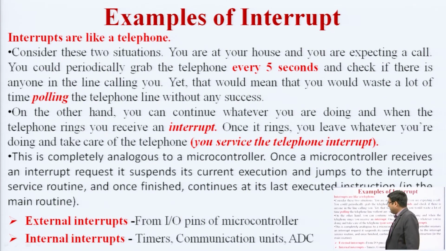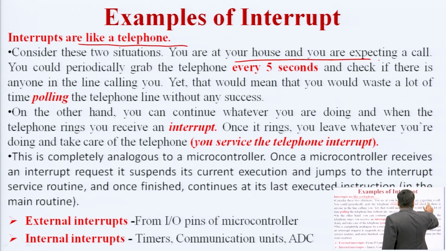Let us consider another example for a clear understanding of interrupts. Interrupts are like a telephone, and there are two situations. In the first situation, if in our house we are expecting a call, we periodically check the status of the telephone, say after 5 seconds.